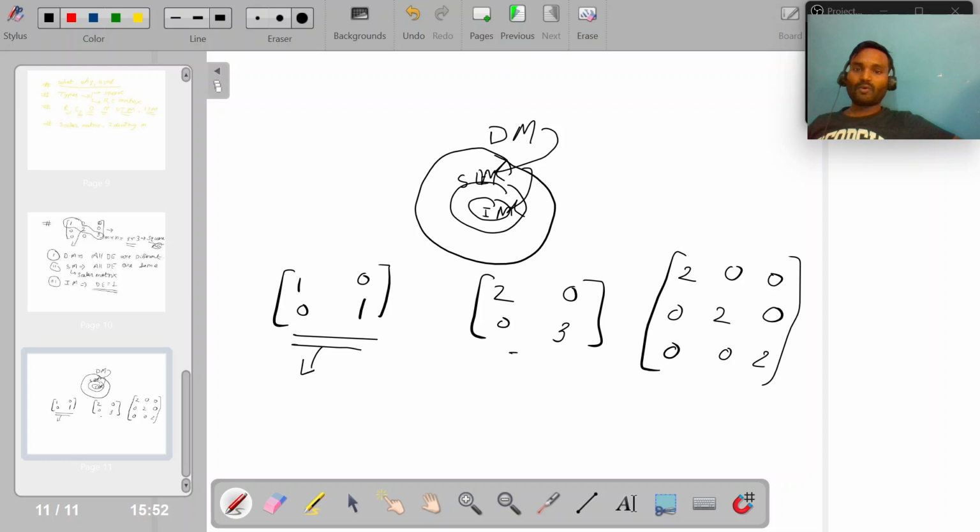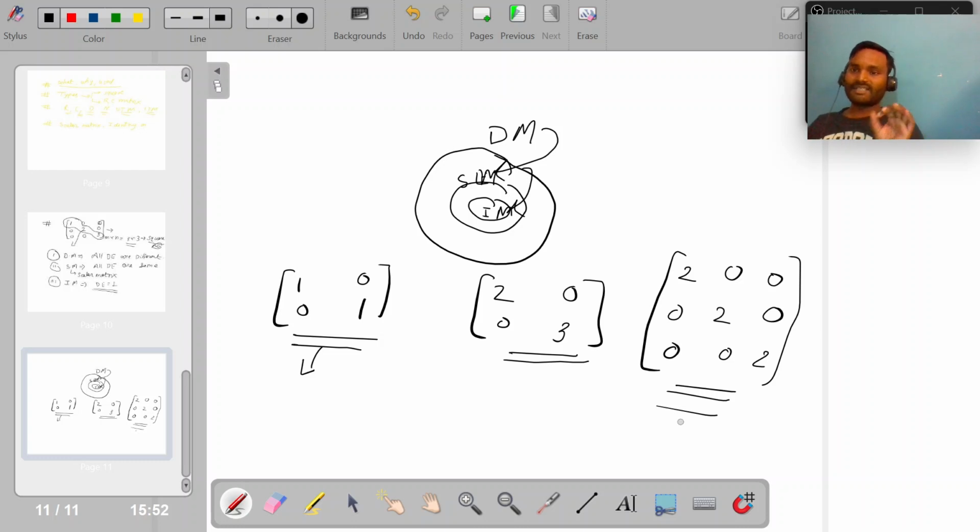The second is only a diagonal matrix, because its diagonal elements are different. So it is not a scalar or identity matrix. In the third example, all diagonal elements are equal, so it is a scalar matrix, but not an identity matrix.